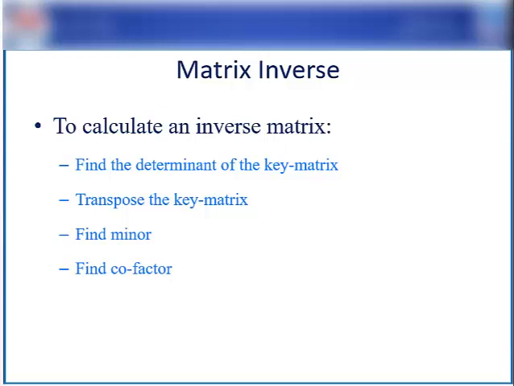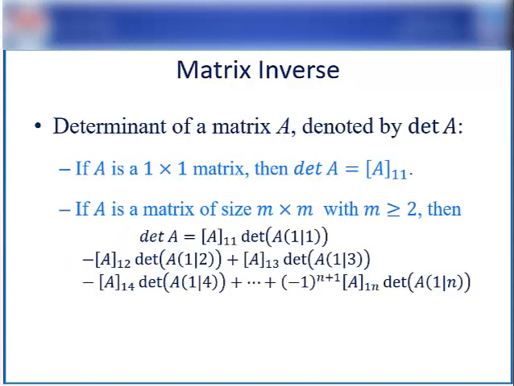Let us first define the term determinant of a matrix. The determinant of a matrix A, denoted by |A|, is a number that can be calculated recursively. If the size of our matrix is 1 by 1, then the determinant of the matrix is equal to the element of the matrix itself.